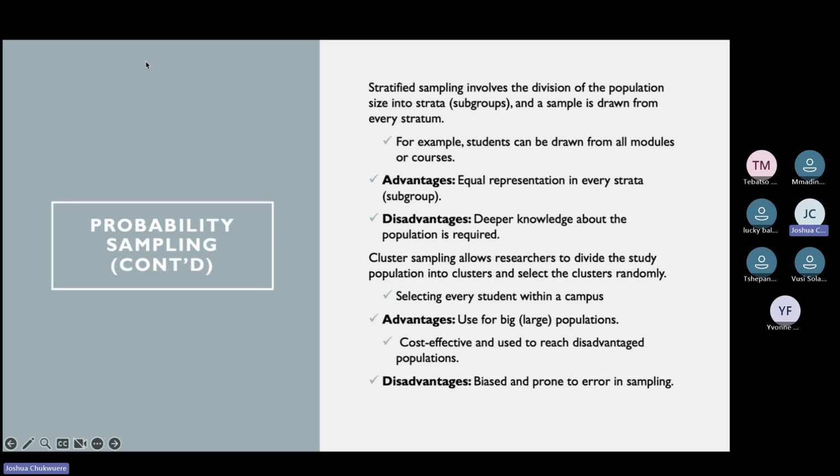Okay, I'm going to select from every department, which means there is equal representation in every stratum, which also requires deep knowledge about the population. So in that case, right now you need to understand the capability of the population, the subgroups and everything. Guys, are we following?